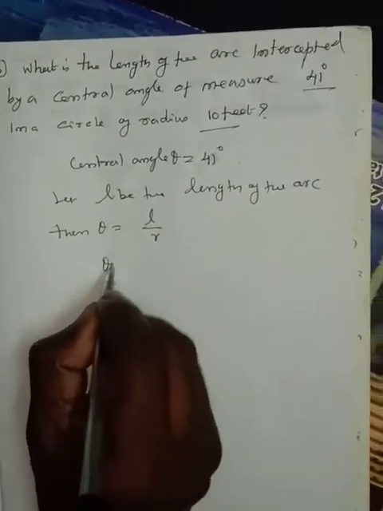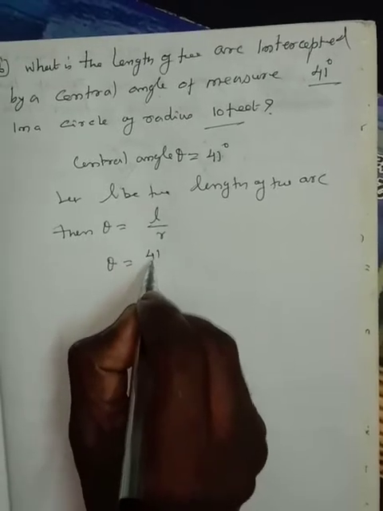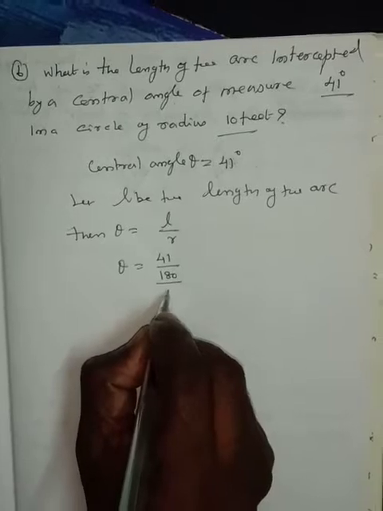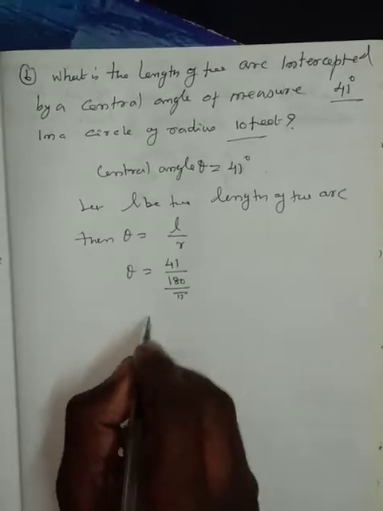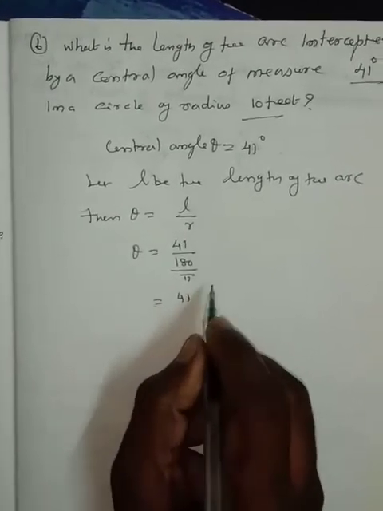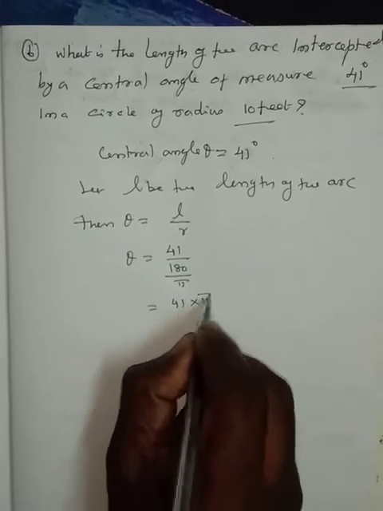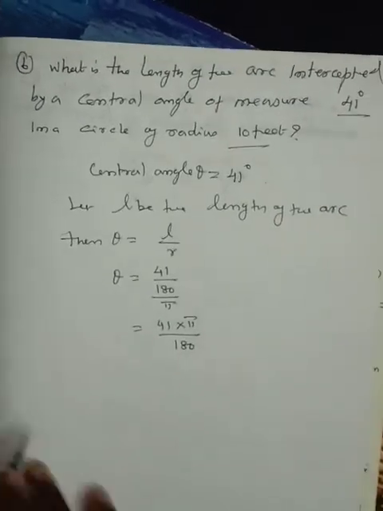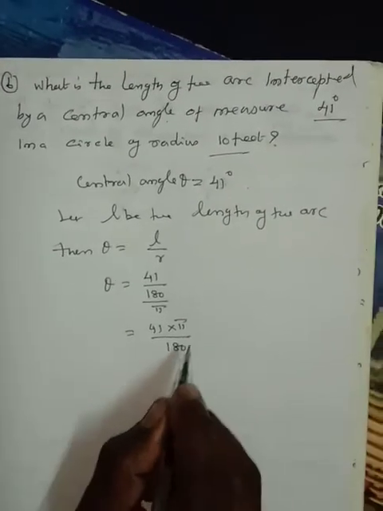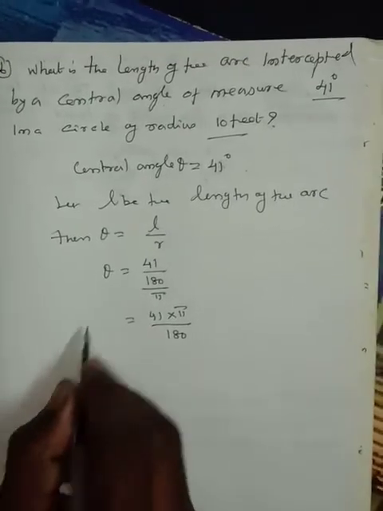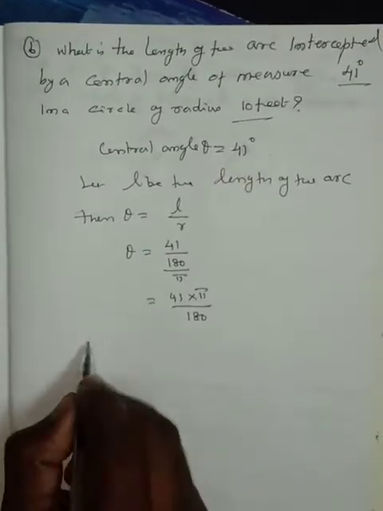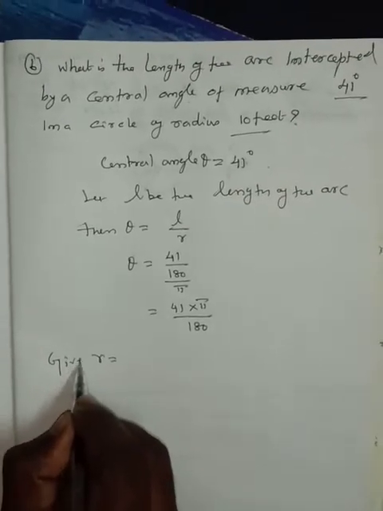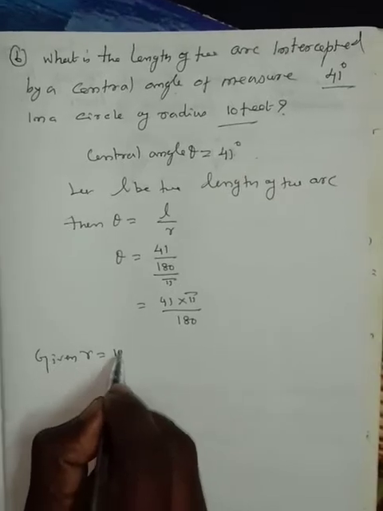In this case, theta is equal to 41 into pi divided by 180, which is 41 pi divided by 180. R is given by 10 feet.